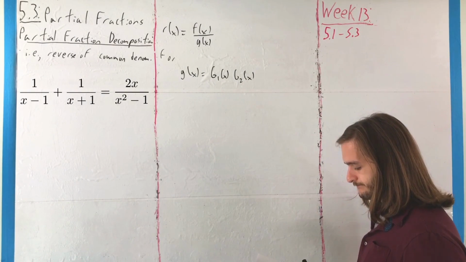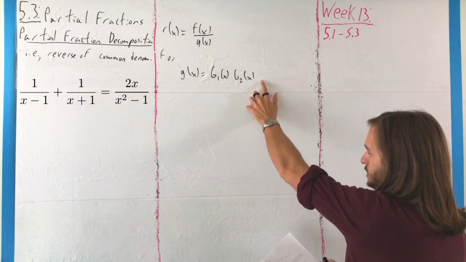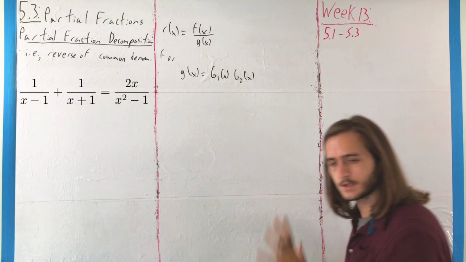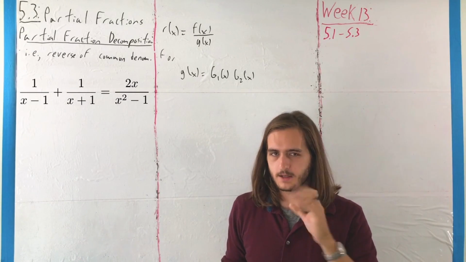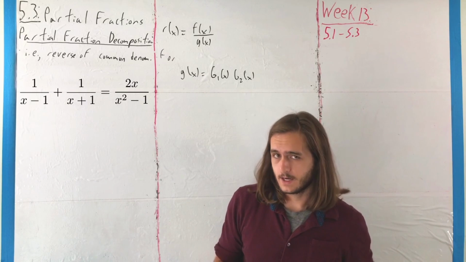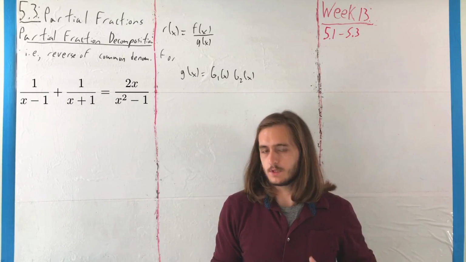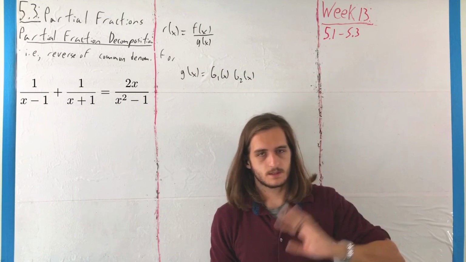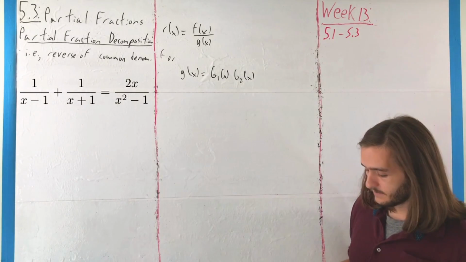And for simplicity's sake, we'll say it's just those two factors, but if we had a g3, g4, g5, g6, it still works for the same sorts of reasons. It's just the whole thing would get a lot more complicated. So I'm going to stick to the two factors case here, where using what's called the Euclidean algorithm, it's a little bit outside the scope of this class, but we've seen things that more or less build off of it before.